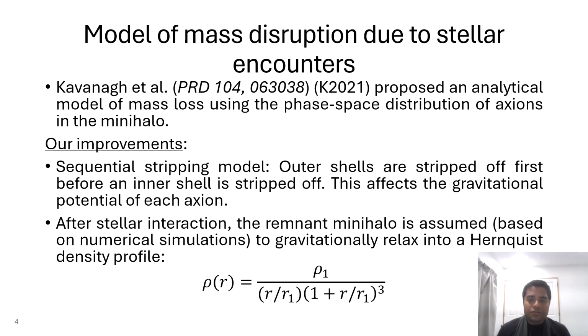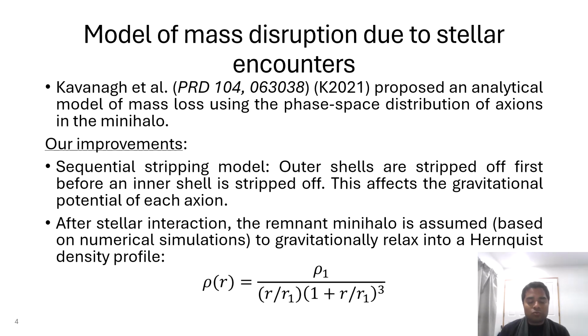Okay, and now my research involves calculations of mass loss when a minihalo comes in the gravitational presence of a star. Now, there was this paper by Kavanagh et al. that proposed an analytical model for the mass loss, wherein they integrate the phase space distribution of axions in the minihalo to compute the mass loss in a minihalo during a stellar encounter.